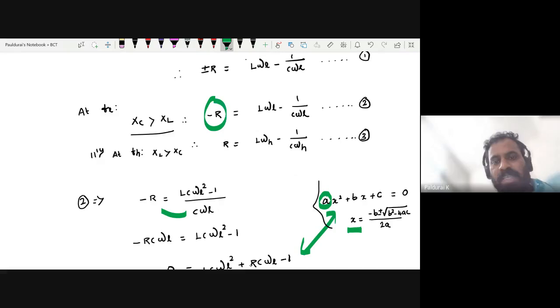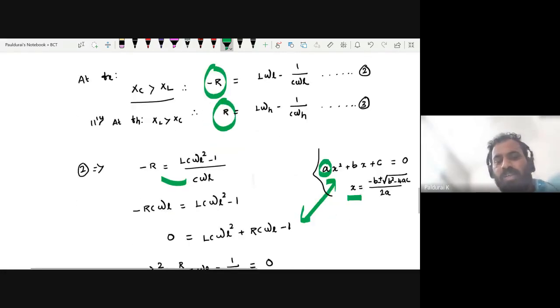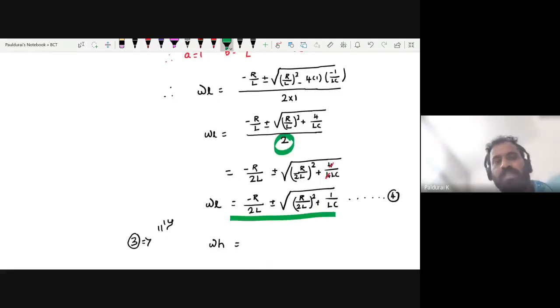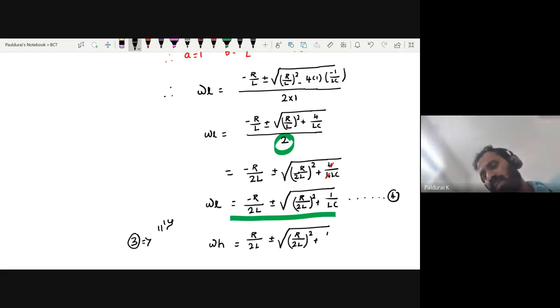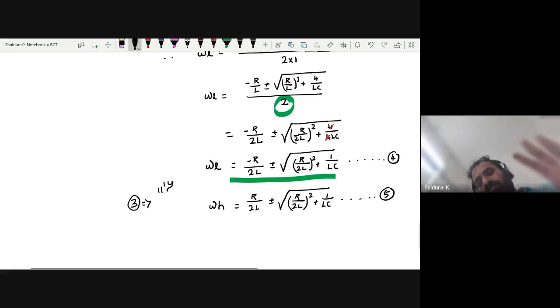Here it is minus R, here it is plus R. For minus R, you got this expression. So for plus R, what will you get? Obviously, you will get R divided by 2L plus or minus square root of, this is already squared, right? R divided by 2L, plus 1 by LC. So similarly, if we find omega H, then you will get this expression.